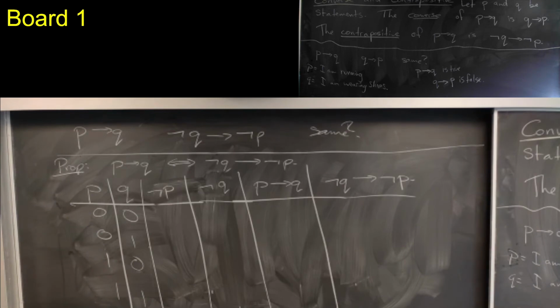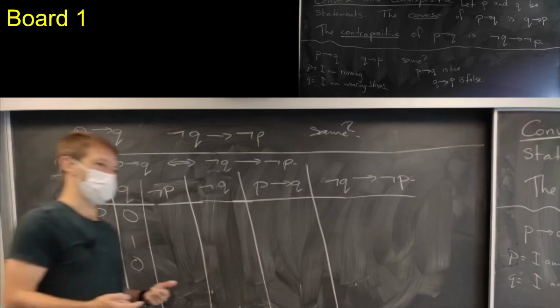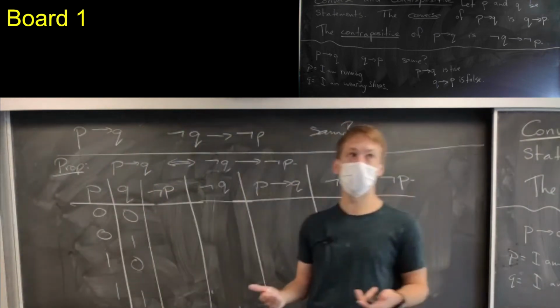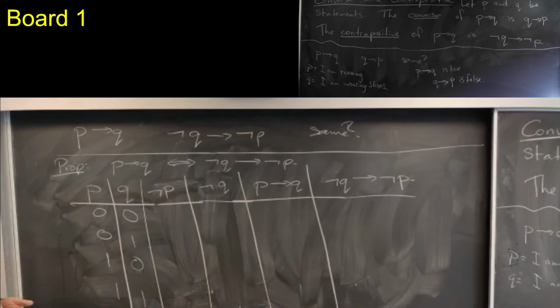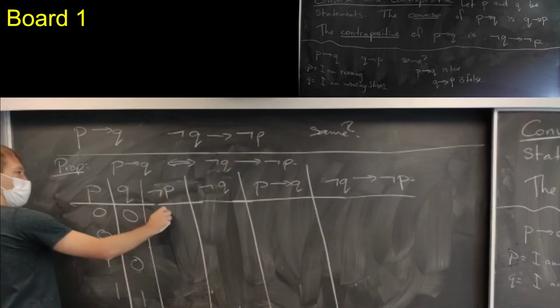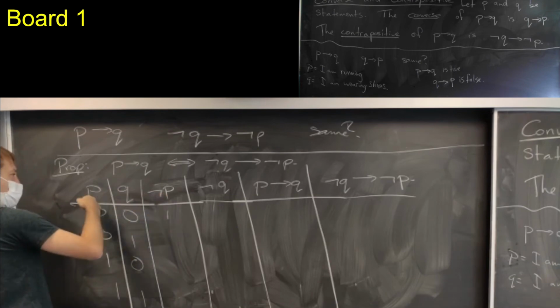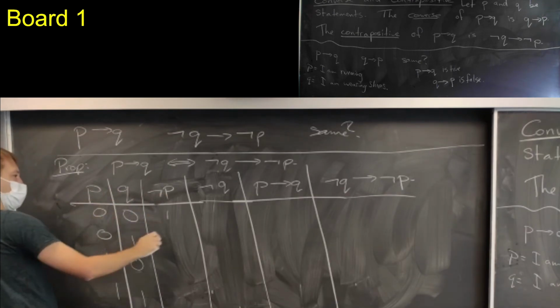I not only recommend you get very accurate at this, but also very fast, because it'll give you a lot longer on tests. If you can just slam through a truth table, you'll be in good shape. Anyway, not P, I look at P and just change the symbols.